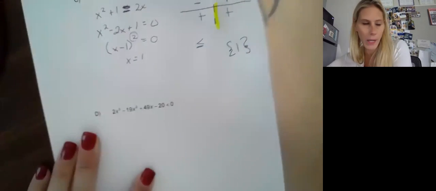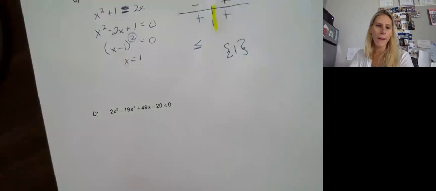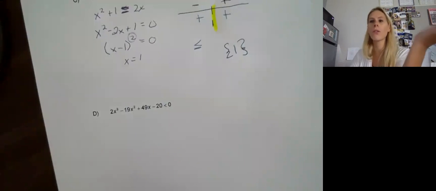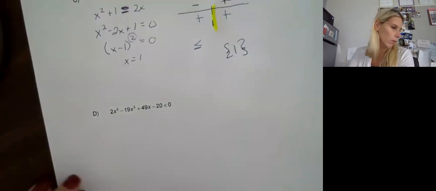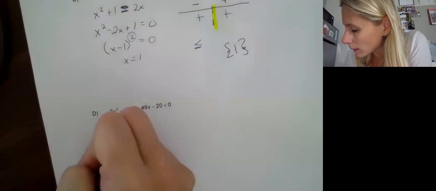All right, what else do we got here? Oh, one more problem, right? So on D, oh goodness, we have an x to the third, which means to factor, we have to use synthetic. You have to go through your whole big issue of all the synthetic. I'm going to give you the one that works now just so we can get through this. So actually what works is our -4.